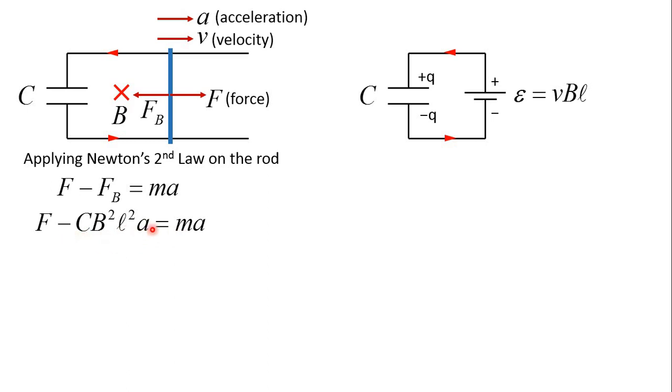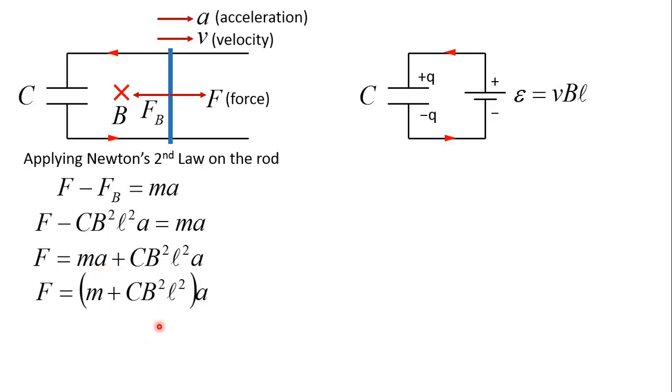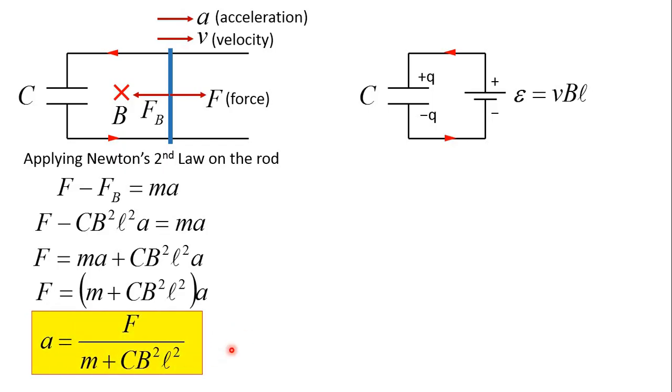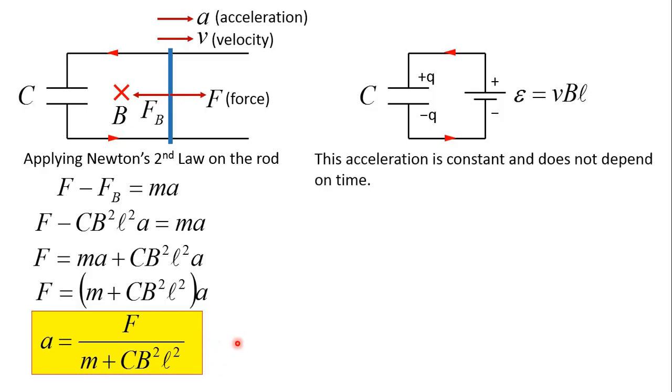Now this term contains acceleration A, here also acceleration A, so send it to the right side. So we will get F is equal to this, and then we can take acceleration A common from both of them. We will get this expression, and now finally we can get our acceleration answer as F upon m plus CB square L square.